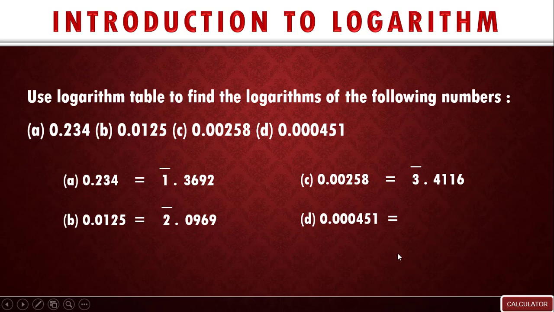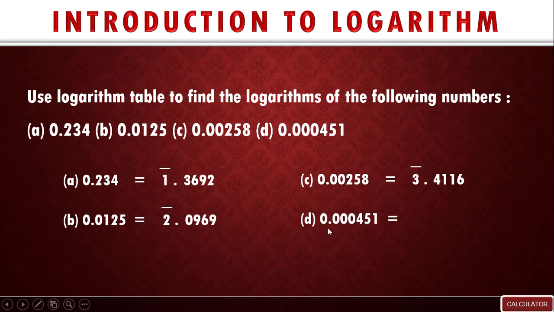To determine your characteristic, you need to know where your reference position will be. Your reference position will be immediately after the first non-zero. The first non-zero digit in this number is 4. So the reference position will be immediately after the 4, in between 4 and 5.